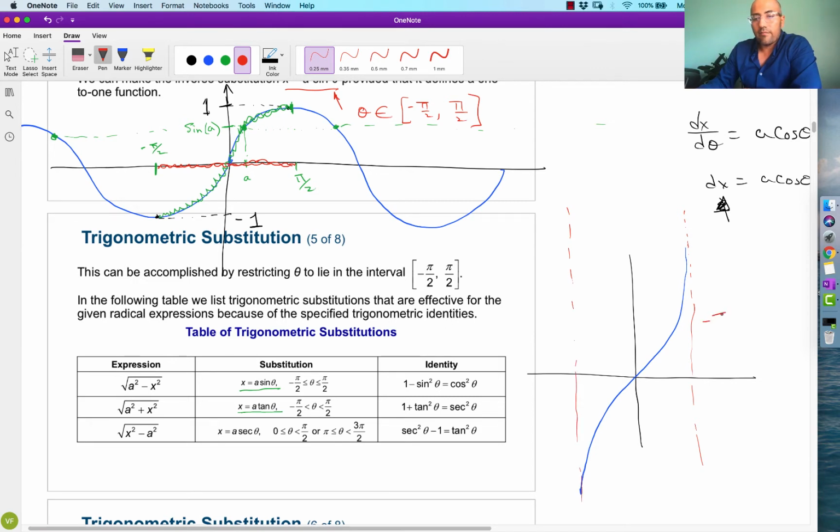At +pi/2 and -pi/2. Good? Good. And that's what this is. That's where this is an angle theta, and I should have put that over here.